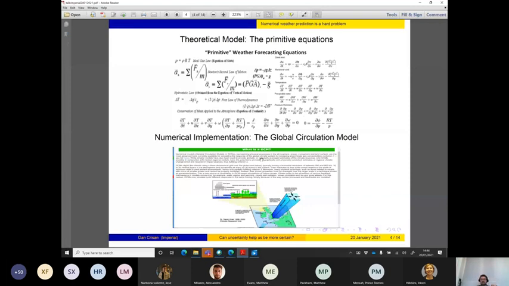And just to give you an impression of the complexity of the model, you discretize the atmosphere, you discretize the ocean, you discretize the cryosphere, so that's the ice around the Earth. And then you also get a mesh for the land surface.